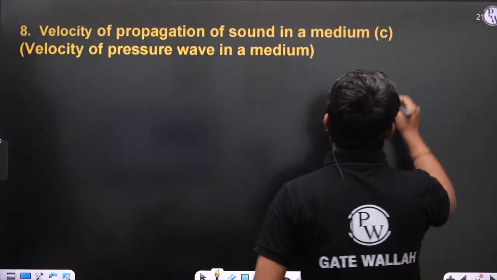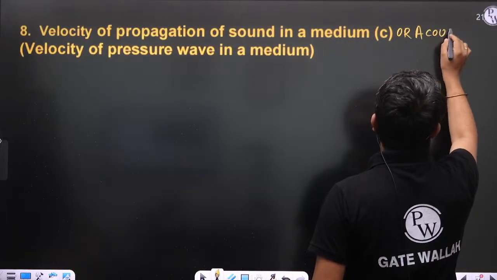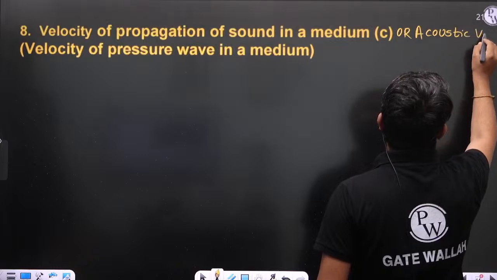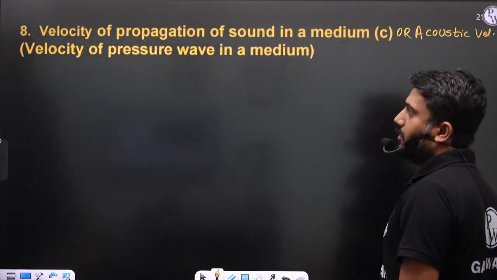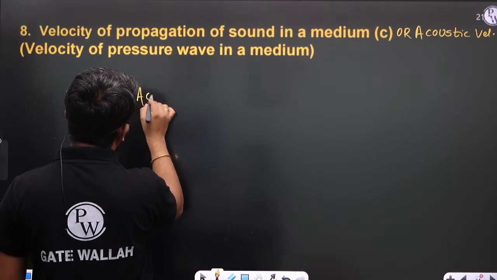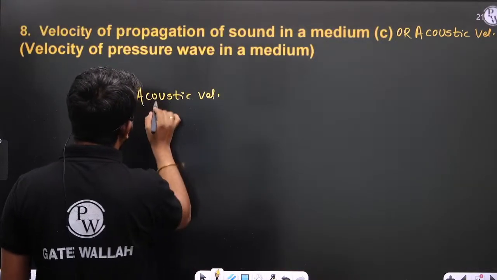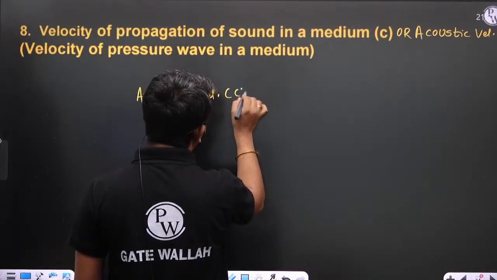You can also say acoustic velocity in a medium, or sound velocity in a medium, which is denoted by C.